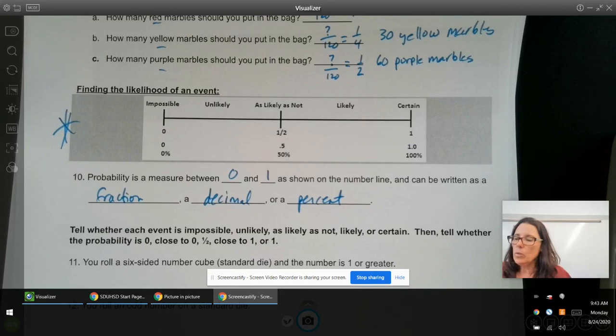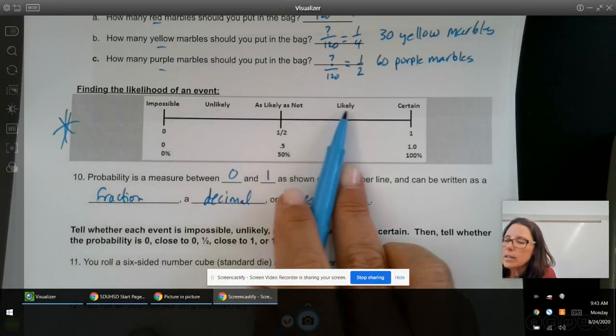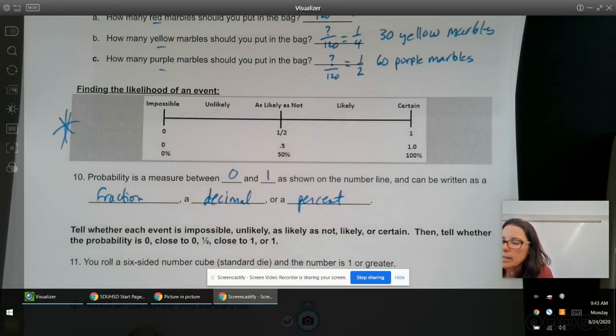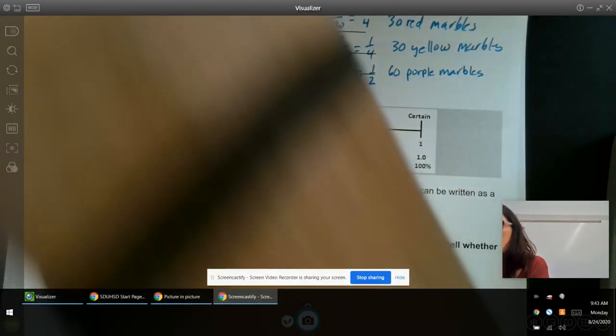Tell whether each event is impossible, unlikely, as likely as not, likely, or uncertain. So notice these words up here. Then tell whether the probability is 0, close to 0, a half, close to 1, or 1. If I roll a 6-sided number cube, a standard die, and the number is 1 or greater. Let me grab my dice here.